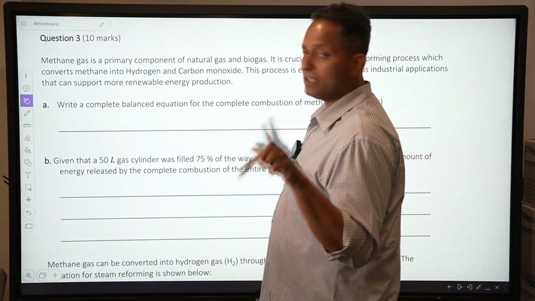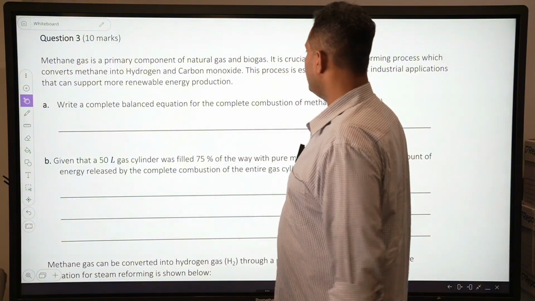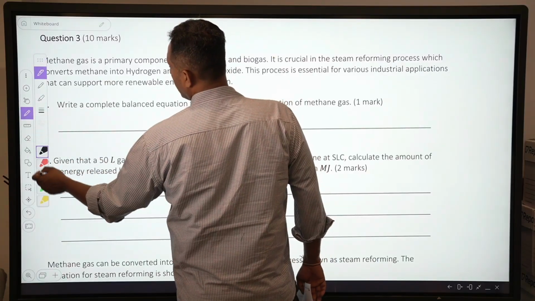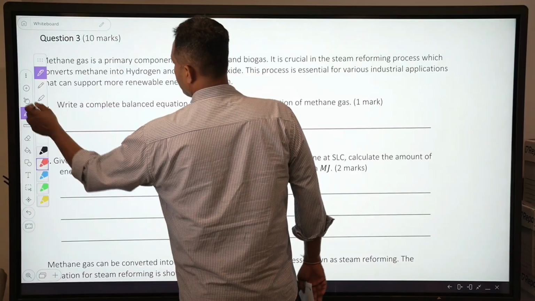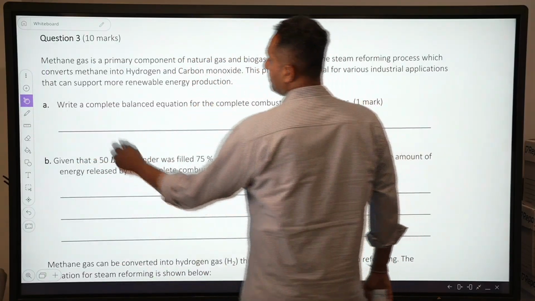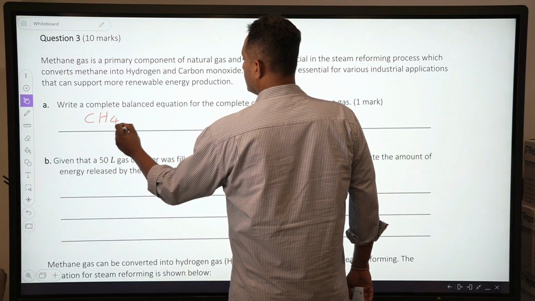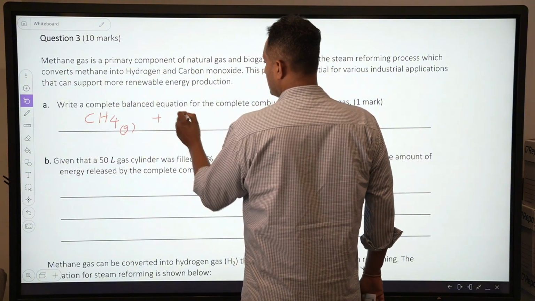Interestingly, they are not asking you to do a thermochemical equation. They are just asking you to do a balanced chemical equation. In this case, what do we have to do? Get the pen, again red. Then methane, at room temperature a gas, reacting with oxygen.